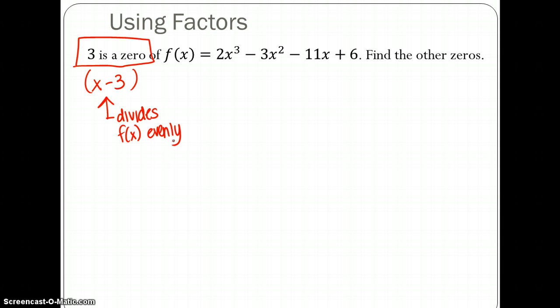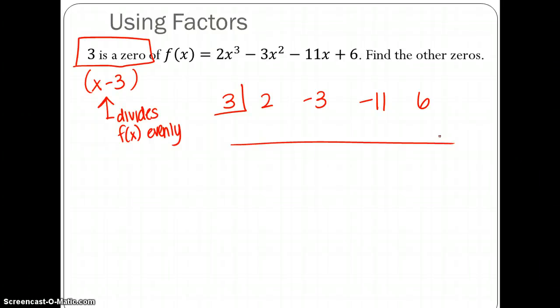So we can use this to help us find other zeros. If we take our polynomial and perform synthetic division, we are expecting, because this was a 0, because this was a root, it's a factor. So we're set up for our synthetic division here.